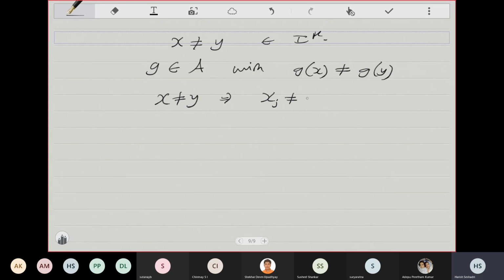xj is not equal to yj for some j. Some coordinate is not equal. Then you can just take g of x to be... Oh, actually, my notation is pretty bad.